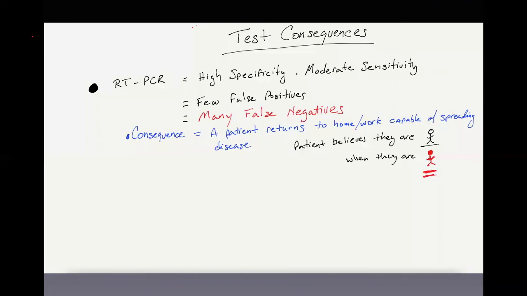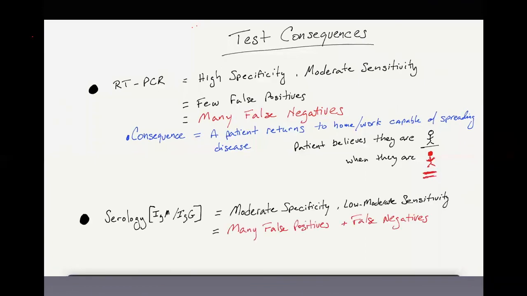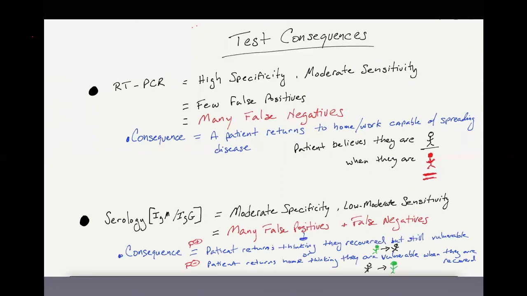That's a very different consequence than what occurs with serology testing, right? The serology testing is looking for the presence of antibodies. And these tests have both a moderate specificity and low to moderate sensitivities, depending upon which test is coming out from whom. And these can be filled with many false positives and false negatives. But the consequences are different than they were for PCR.